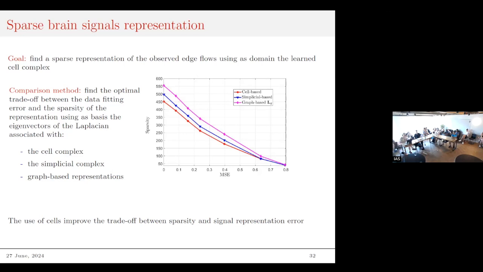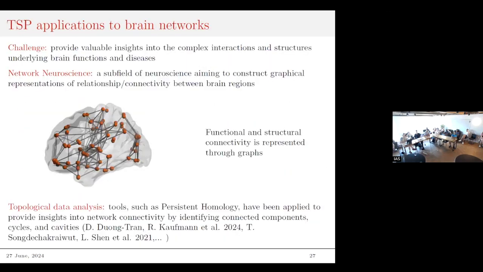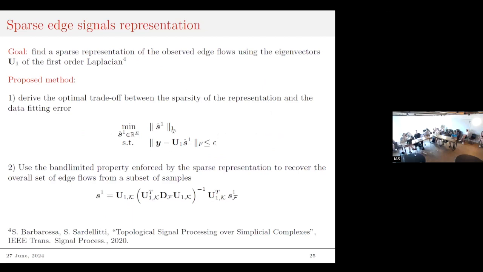What is the sparsity measuring? This is the measure. The sparsity measure is the L1 norm, or the number of coefficients that we need to represent the signal on the basis of the cell complex, simplicial complex, or graph-based representation.